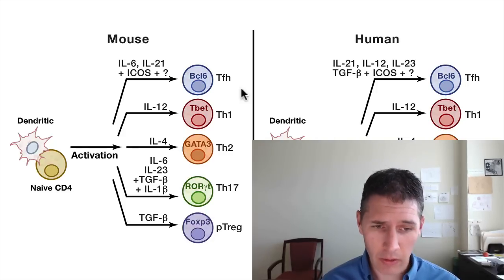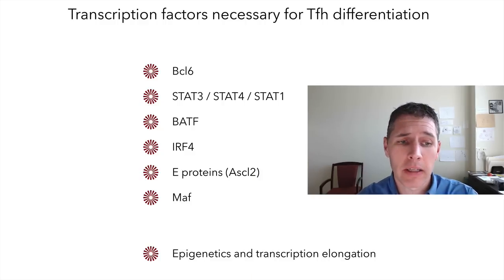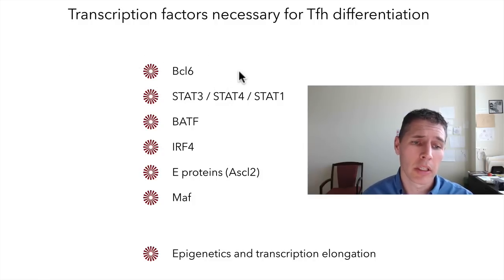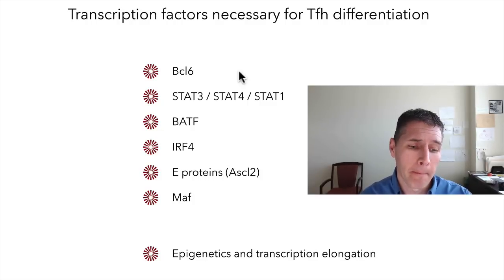For TFH cells, there are a number of transcription factors that have been shown to be important for TFH differentiation and/or function. Most prominently of these, and most centrally, is BCL6. But in addition to that, there are these other transcription factors.